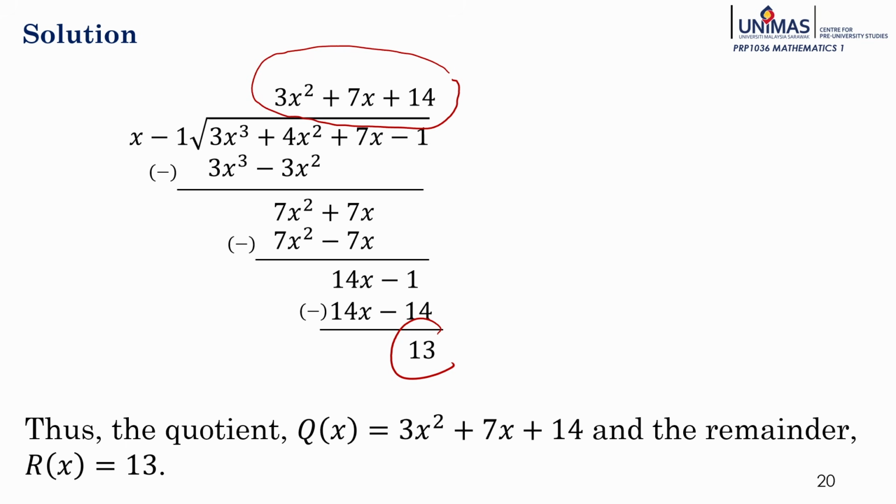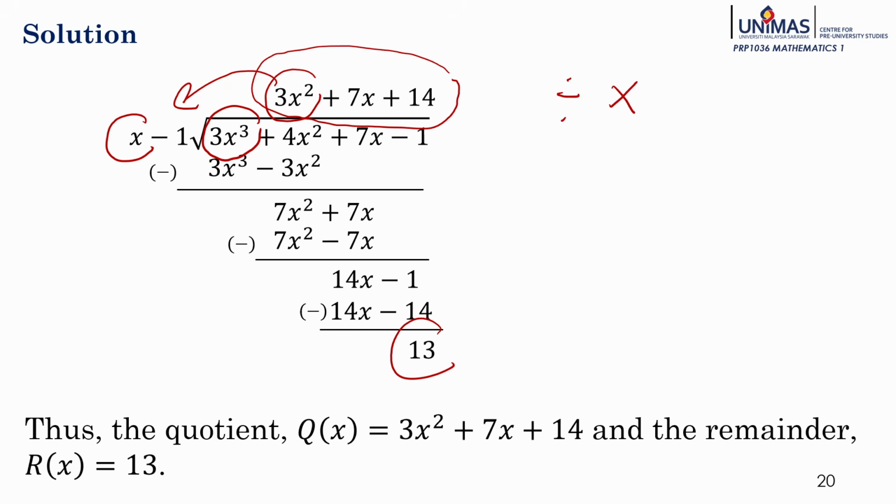So remember that when we want to use long division, you have to remember 4 steps. The first one is divide. So divide means here, 3x cubed divided by x, the first step, right? And then after you get this answer, you do the multiplication. That means you have to multiply.